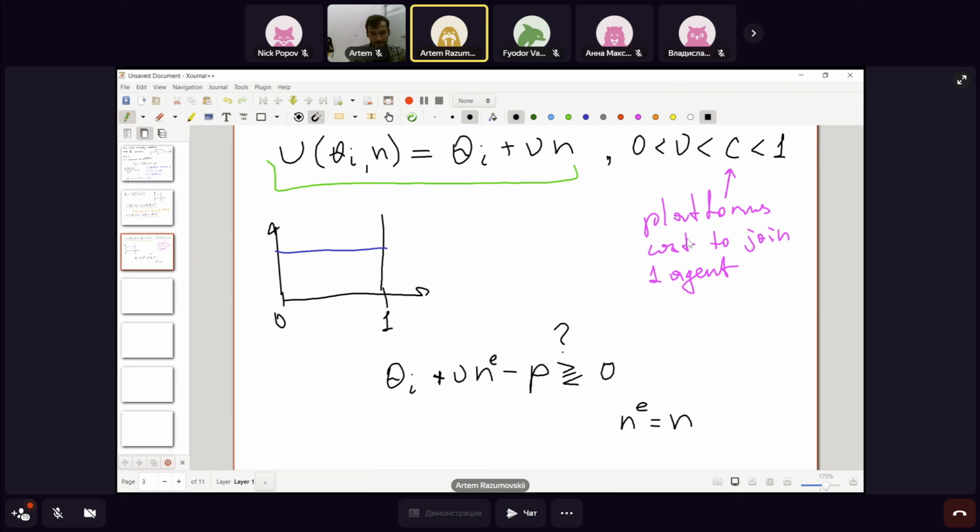I'll come back to the question of who will join or not. Once again, coming back to this picture, how can we draw here who will join or not join the market?